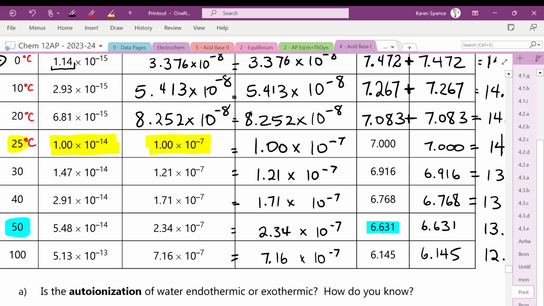Well, it would be tempting to say, oh, that's less than 7, so it's acidic. However, what do we know about the H plus and the OH minus? They are the same. And if they are the same, then it is neutral. Pure water at any temperature is always neutral.